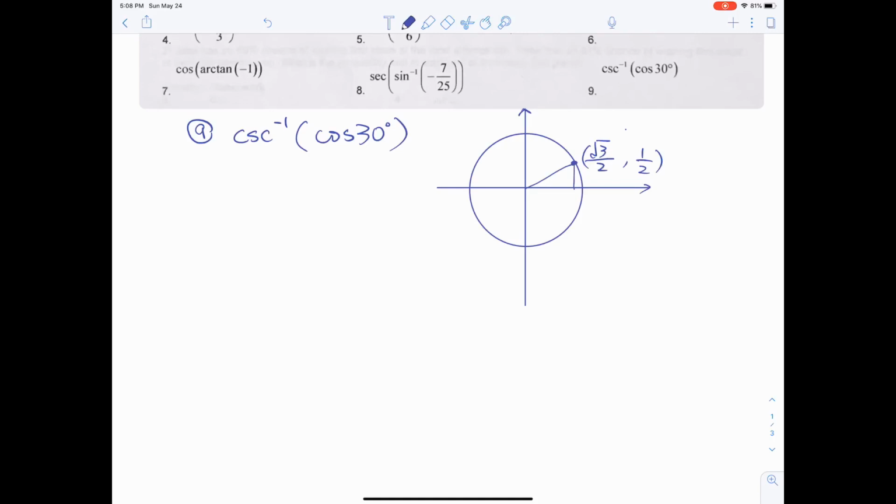The x value is root 3 over 2. And the y value is half. So cosecant, the inverse of 30 degree... I'm a little bit stuck here.